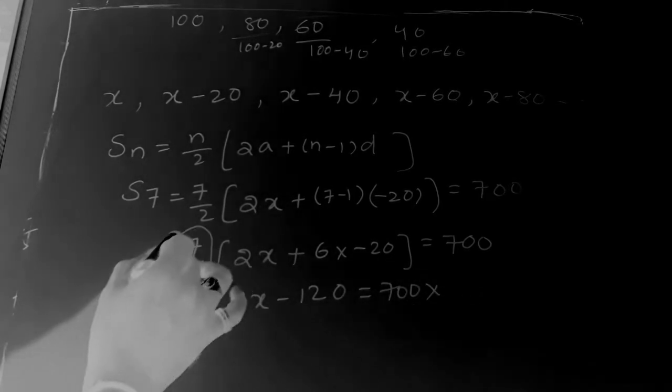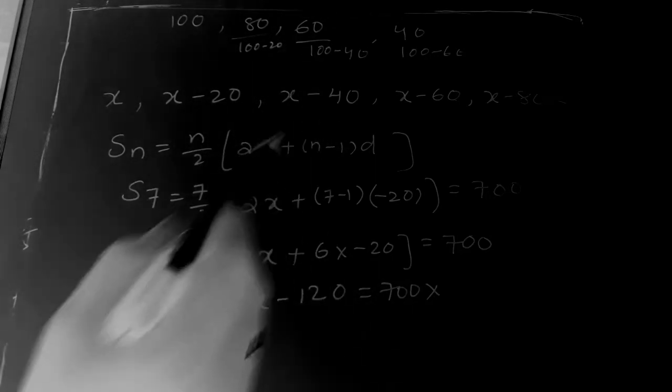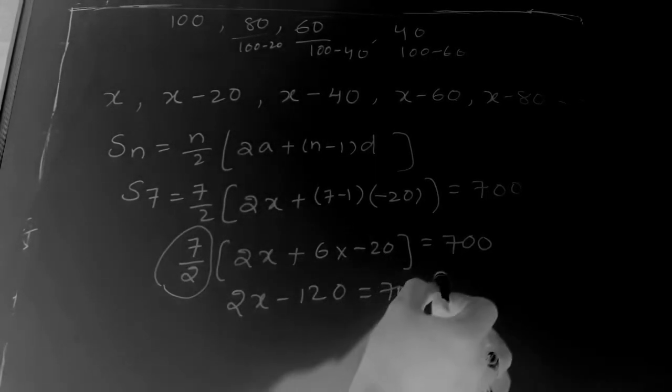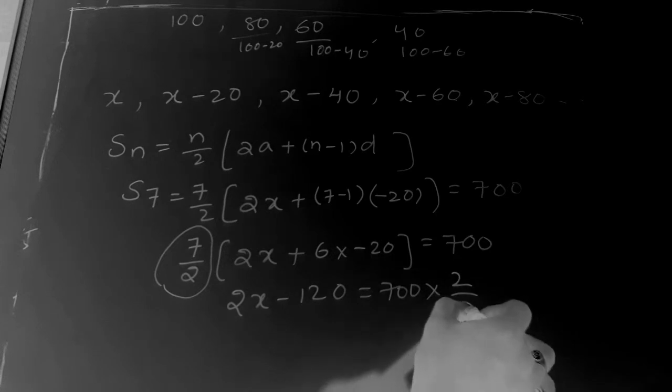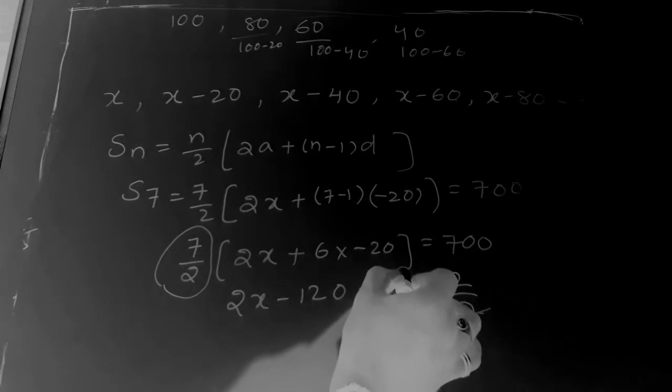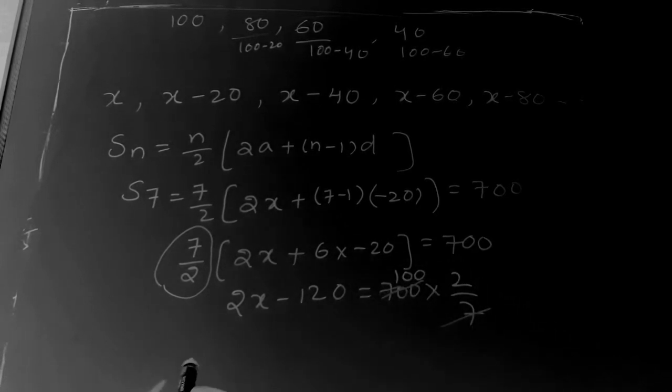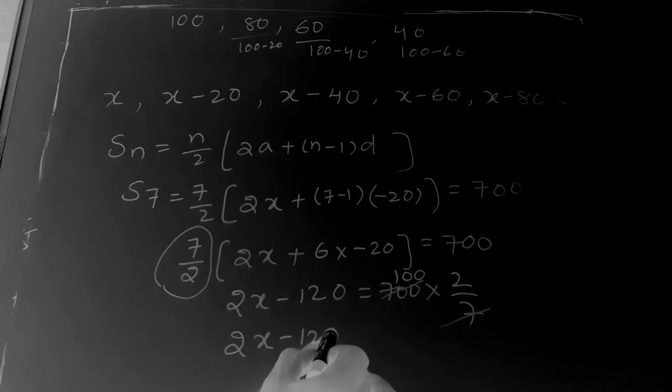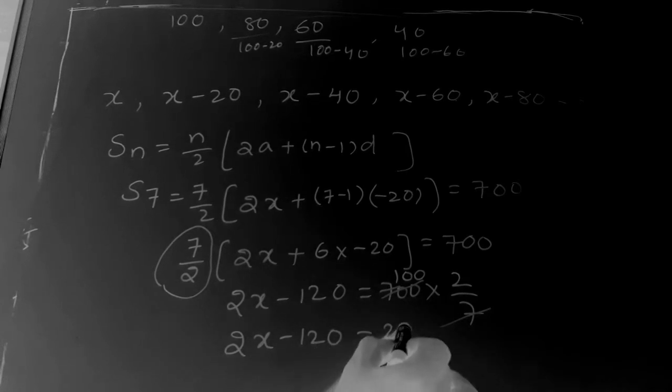Whenever a fraction goes to the right side, it becomes reversed: 2 by 7. 7 one time, 700 times is 700, so 2x minus 120 is equal to 200.